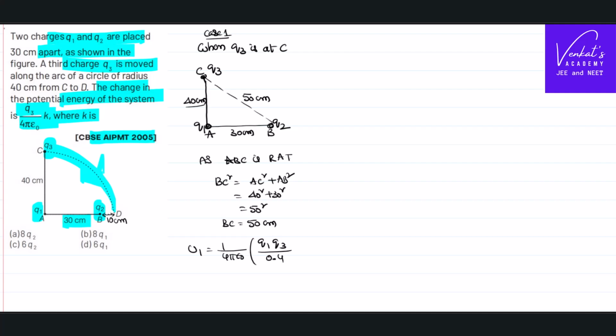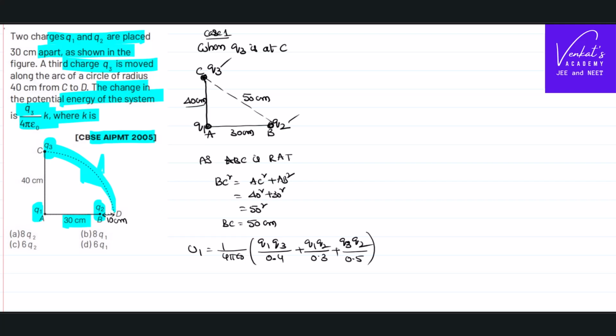Between A and B, that is Q1 and Q2 by 30 centimeters means 0.3. Between B and C, the charges are Q3 and Q2, distance between them is 0.5 meters. That is the initial potential energy, and that is case 1, right.